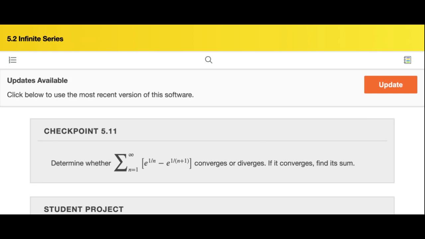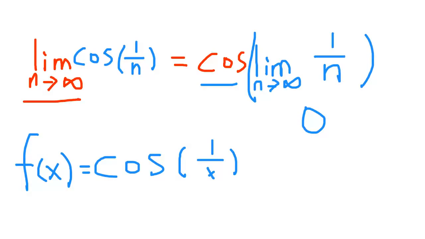Anyway, let's go to the whiteboard. So e to the 1 over n minus e to the 1 over n plus 1, where n goes from 1 up to infinity.